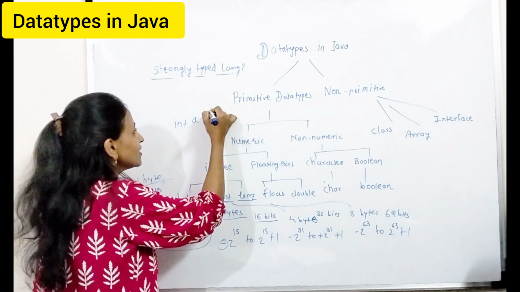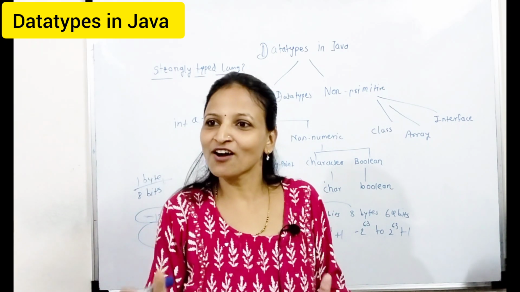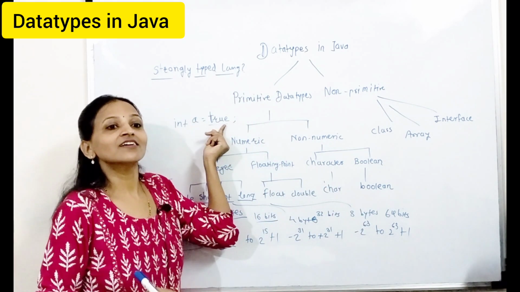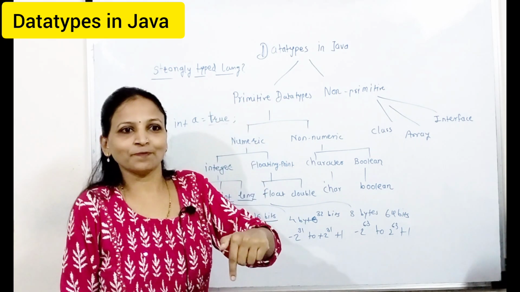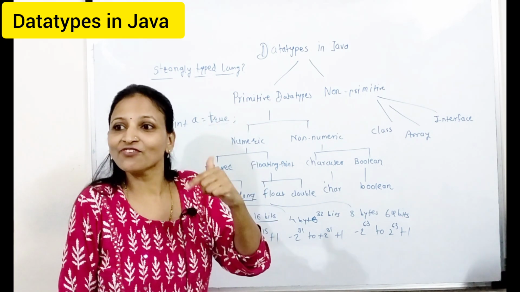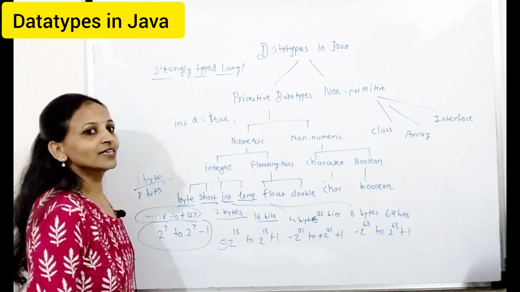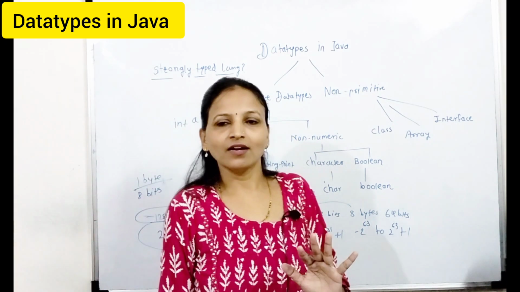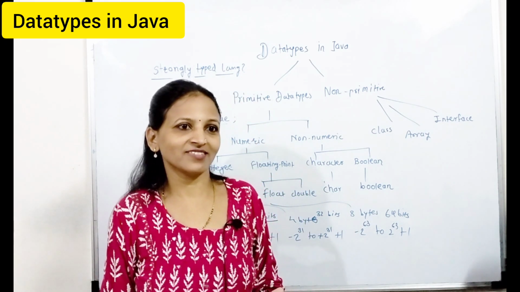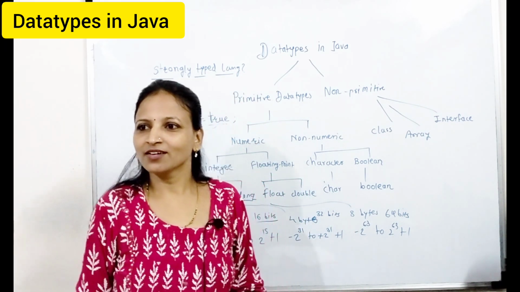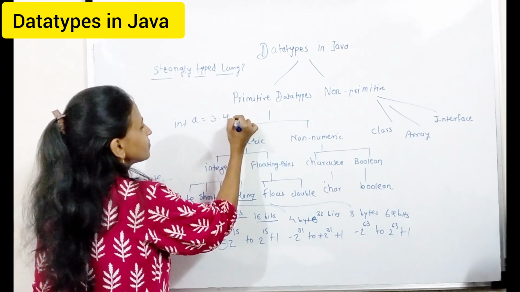If you write a small t, it will raise the error incompatible types, because Java knows this true is a boolean literal and it is defined by Java itself. We have seen those predefined literals. That's why here you will get an error like incompatible types. You must know all the errors. You have to check for errors, then you will get more knowledge. If you have written like here 3.4.